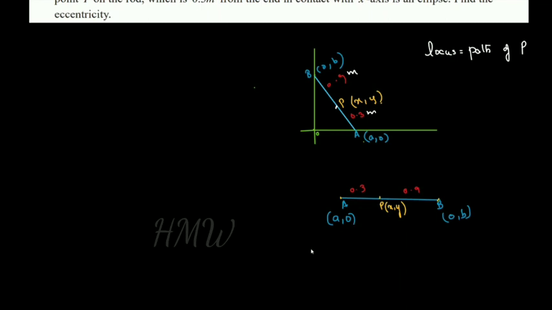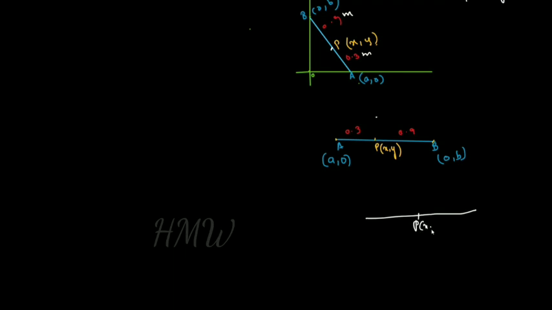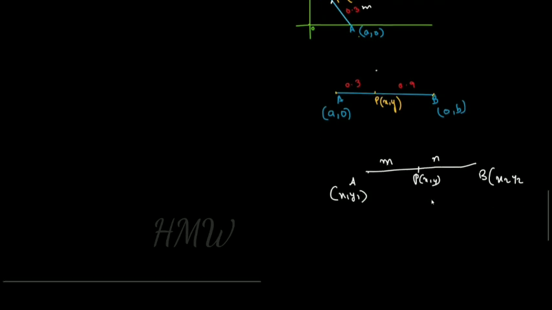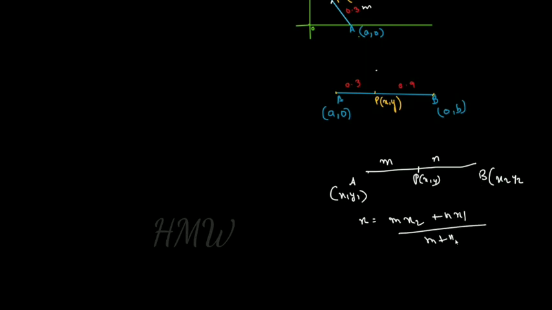What is the section formula? The section formula is, if the point P is (x, y) and the point A is (x1, y1) and point B is (x2, y2), and the ratio is m is to n, then the x coordinate of P is (m x2 plus n x1) by (m plus n).